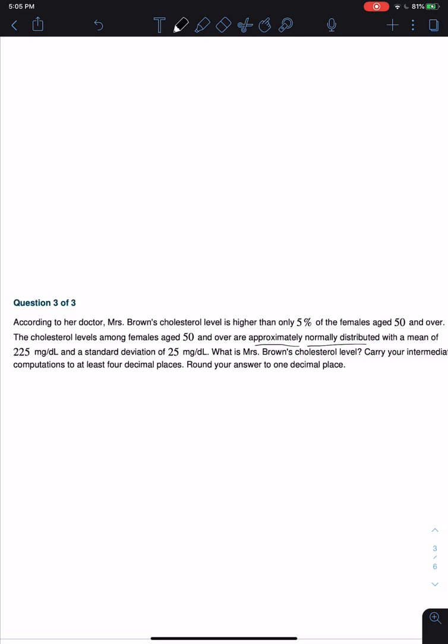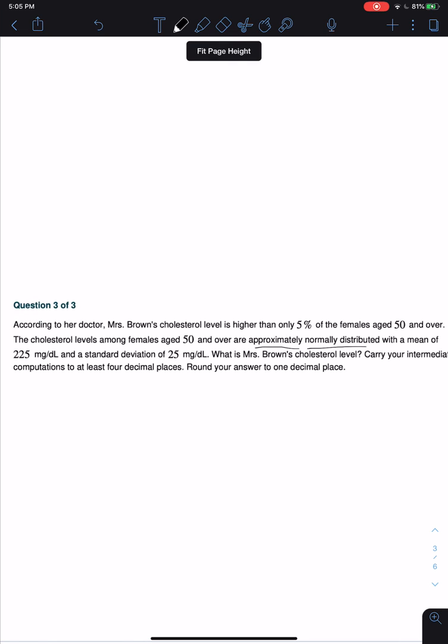So let's try to get a picture of what's going on here. I'm going to do my approximate normal distribution. And what did they tell us?